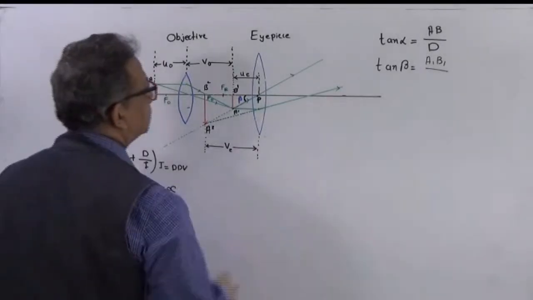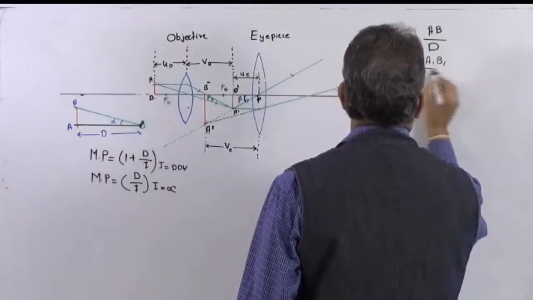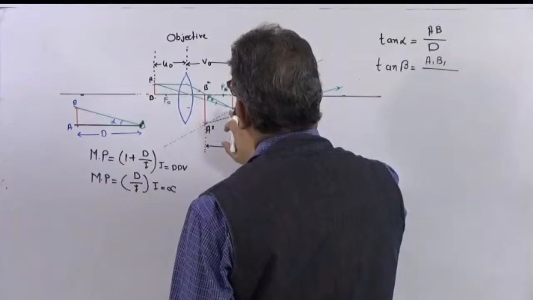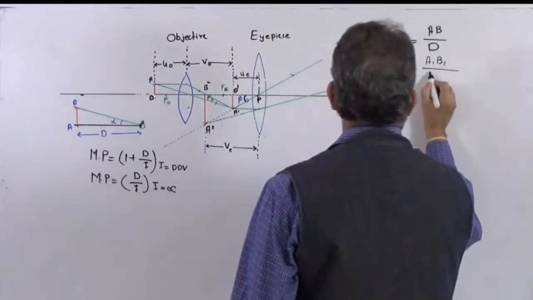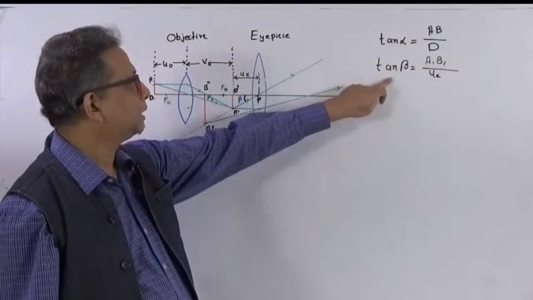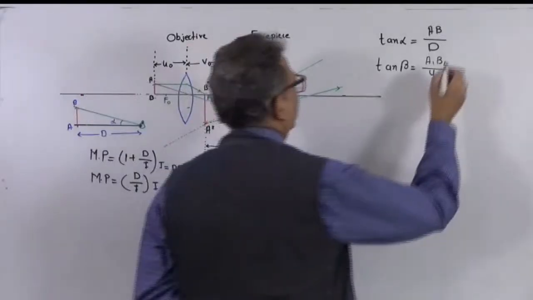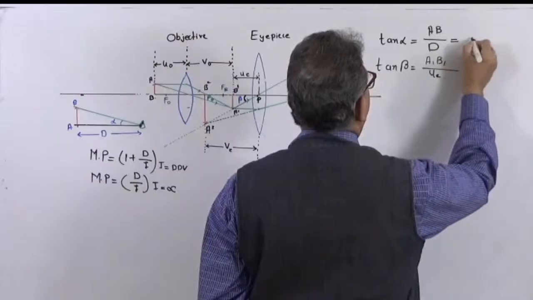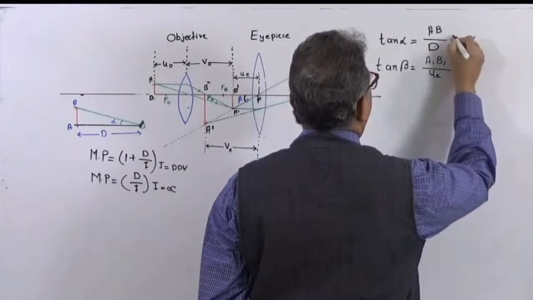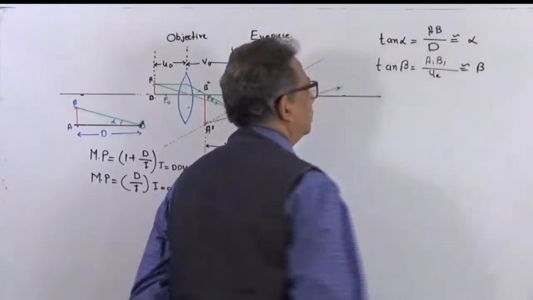As you can see over here, this is your A1B1 upon UE. So this is going to be the tan beta, and we had seen the approximation theory in which approximately tan alpha will be almost equal to alpha, and tan beta approximately equal to beta.